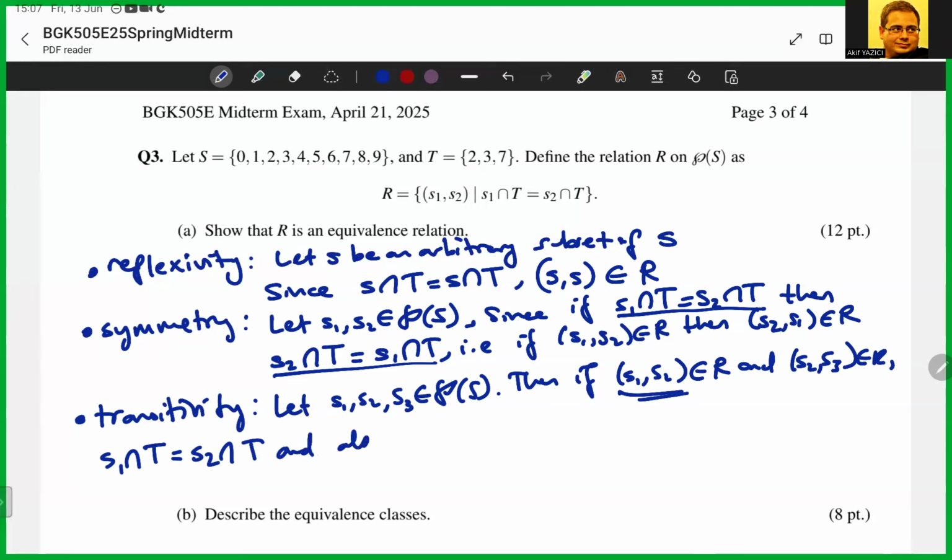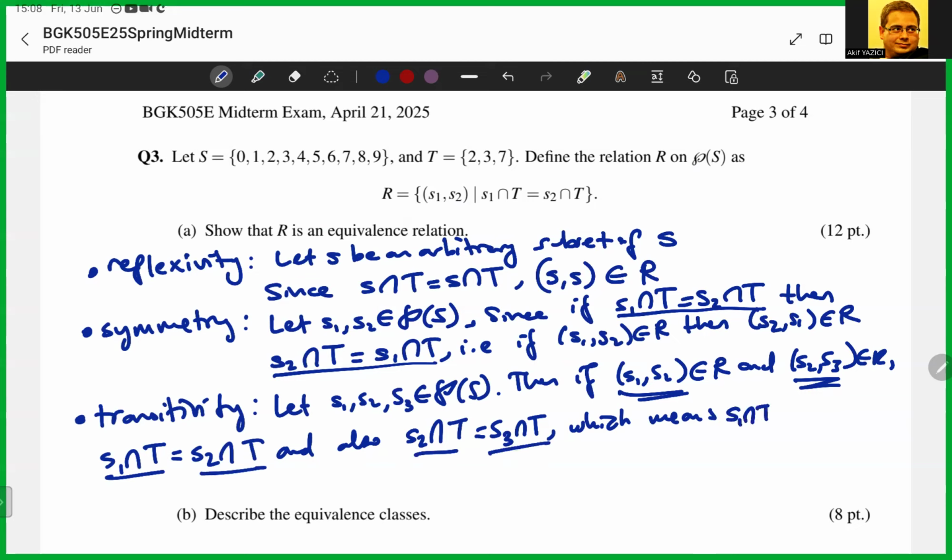And also, due to this ordered pair, S2 intersection T is equal to S3 intersection T, which means this is equal to this in return, which is equal to this. So this means S1 intersection T is equal to S3 intersection T.